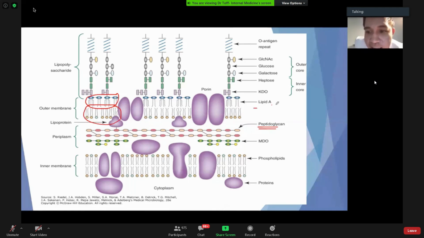Why? Because this is also known as the lipid A. And this is the exact site of the location of the endotoxin. Okay? And the lipid A here is a portion of the lipopolysaccharide layer. So, Doc, bakit ganon?